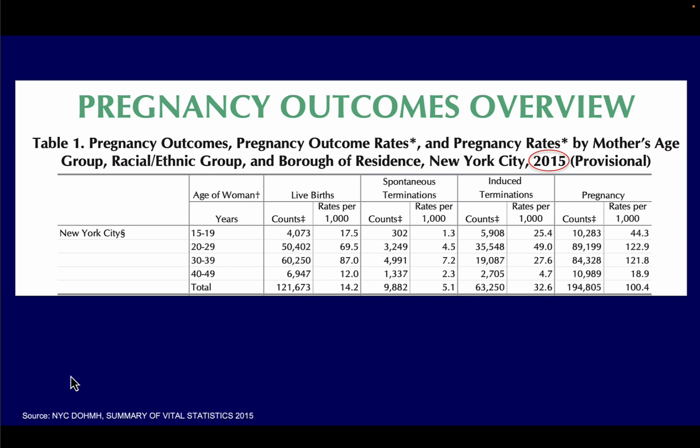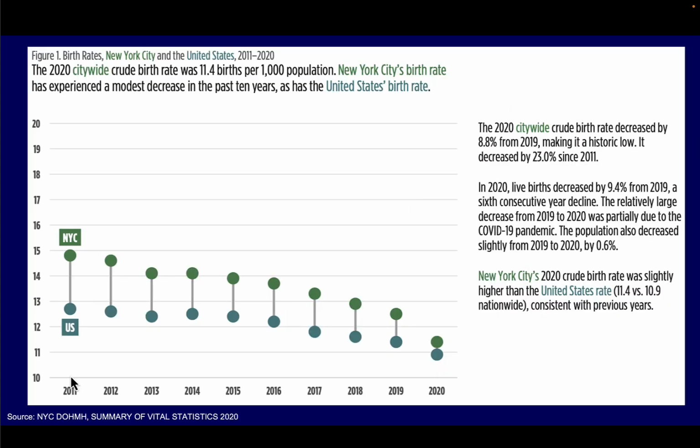These three pregnancy outcomes are used to determine the overall pregnancy rate. And this at least gives you a sense of the raw numbers and the rates per 1,000 population going alongside here, so you can get a sense of how it varies by age, and we'll see some slides on that in a bit.